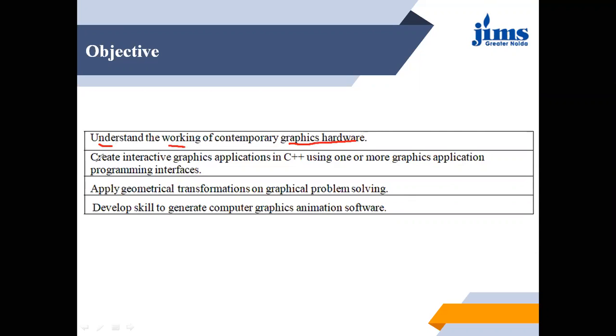The second objective is to create interactive graphics, and we will perform these applications or programs in C++. You studied C++ in the third semester as well as in the fourth semester.